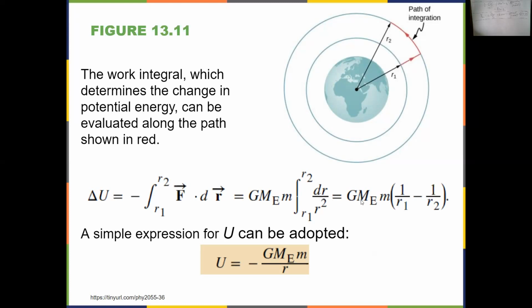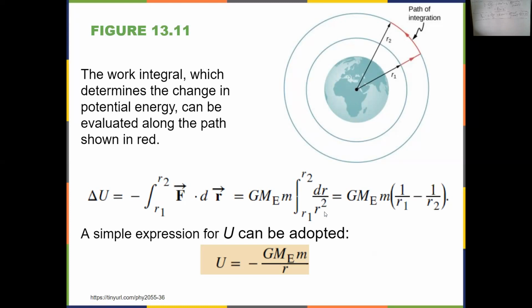It's G, capital M the mass of the Earth, times the mass of the spacecraft, times (1/r1 minus 1/r2). Here r1 is the distance from the first orbit to the center of the Earth, and r2 is from the second orbit to the center of the Earth.